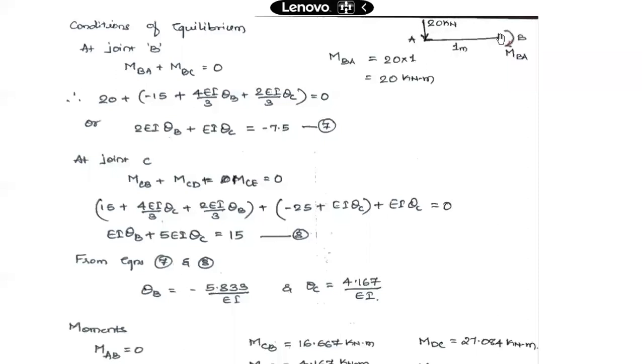At this point, the moment due to 20 kilonewton meter will be anti-clockwise, and the reaction for that will be in clockwise direction, which itself is our MBA. So that is how you get to know what MBA is over here.